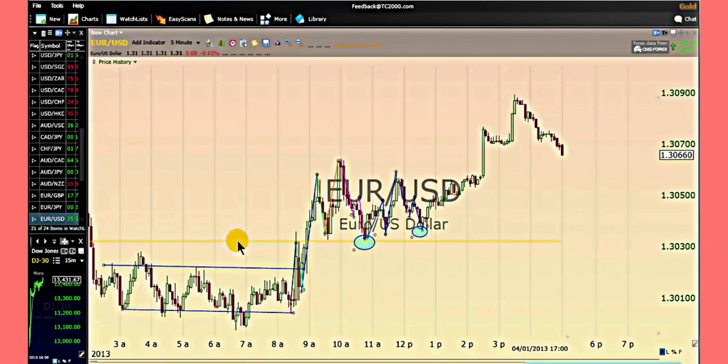Now, the second thing I want to mention to traders: when we are using the wave principle on market noise, 5 minute, 3 minute, 1 minute, 30 second, whichever time frame you are on, we try to be very flexible because the patterns sometimes are not very clear like on the higher time frame.